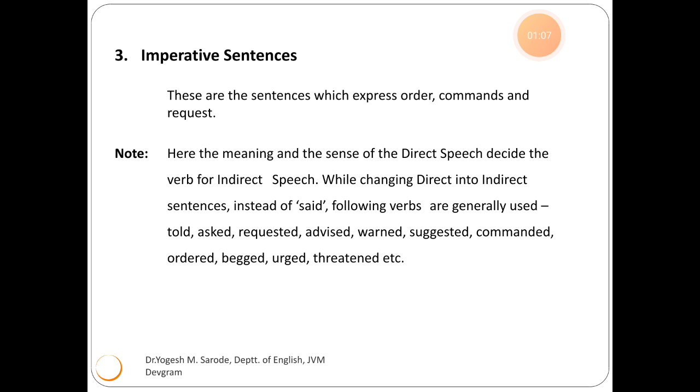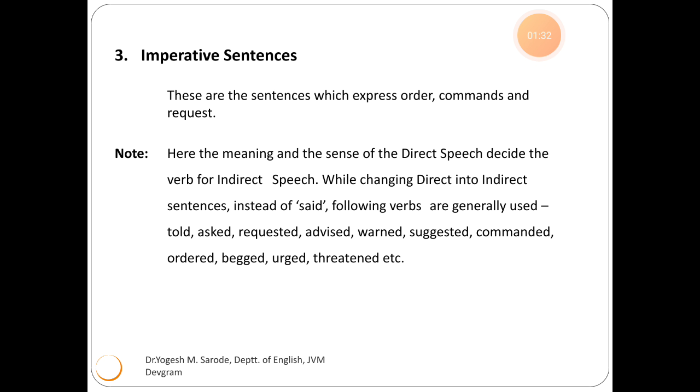So imperative means Ajnakari Vakya, Ajnadharak Vakya. These are the sentences which express order, commands, and request. Here, the meaning and the sense of direct speech decides the verb for indirect speech.